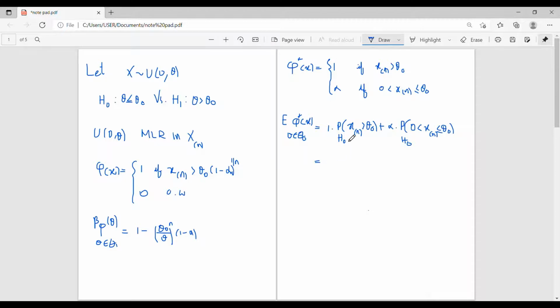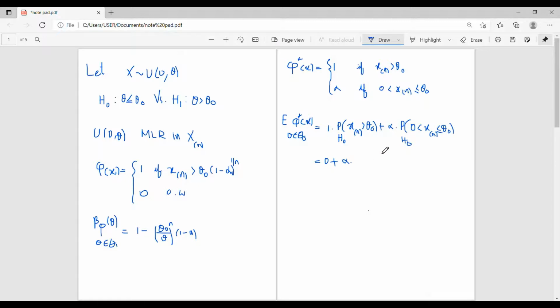Hence the probability that the maximum order statistic is greater than theta naught is equal to 0, because for uniform 0 theta the value of x lies between 0 and theta, hence Xn is less than theta.